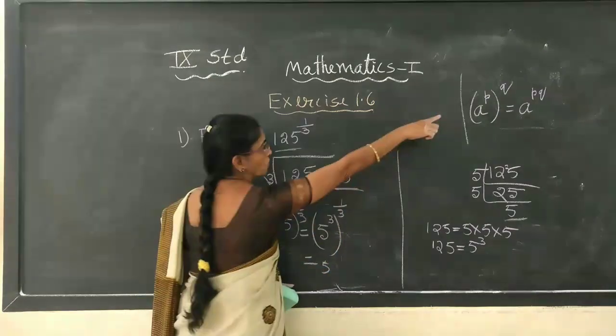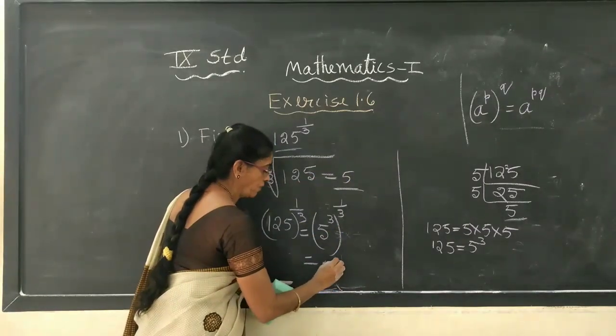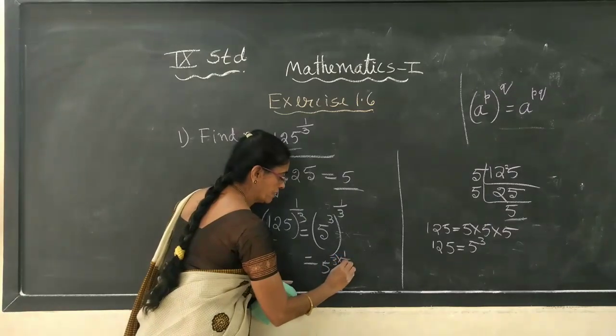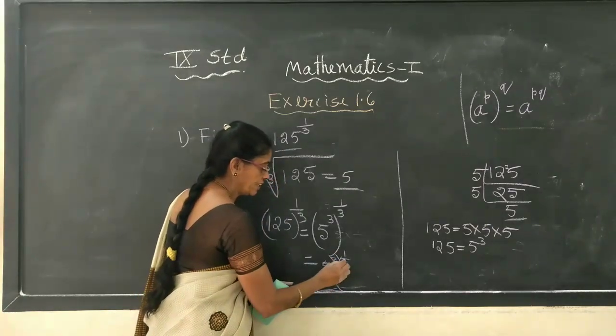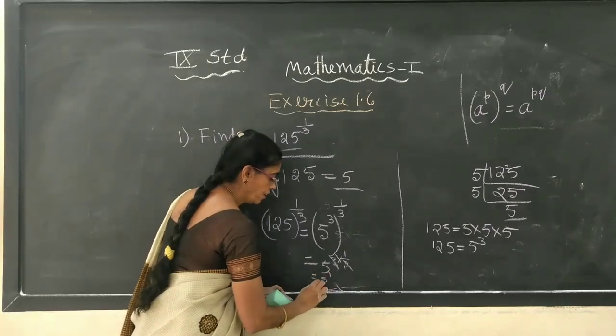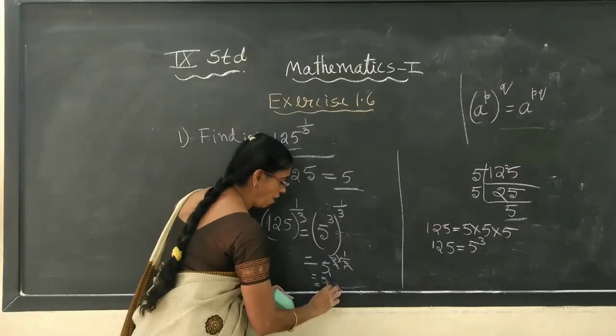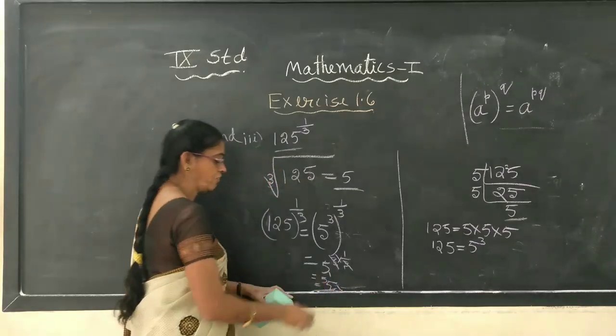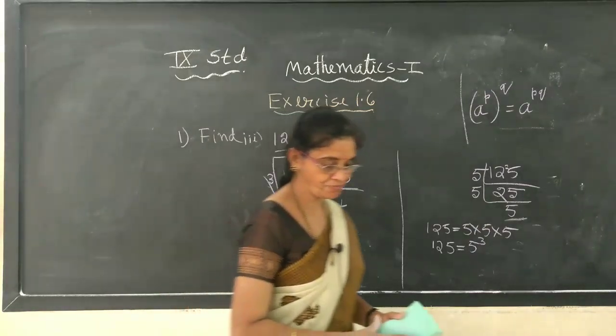Now apply this rule: it is 5 to the power of 3 into 1 by 3. Now 3 will divide one time, so it is 5 to the power of 1, which is nothing but 5 written one time. So the answer is 5.